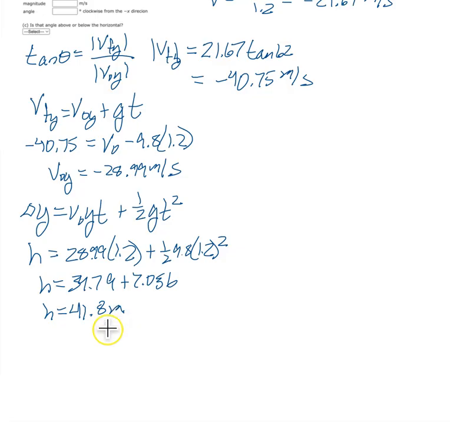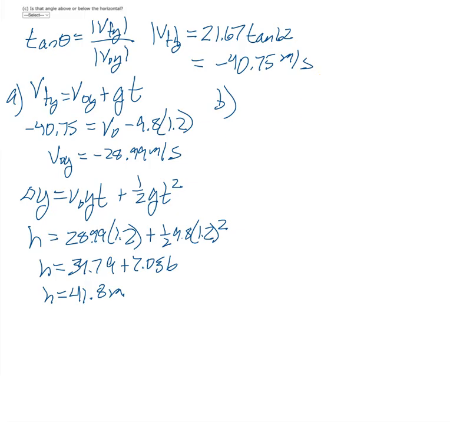So that was letter A. For letter B, they want us to find the velocity at which the ball is thrown. We do know the V0X and V0Y, and because we know the speeds in both the x and the y direction, we'll just use the Pythagorean theorem to find the original speed.